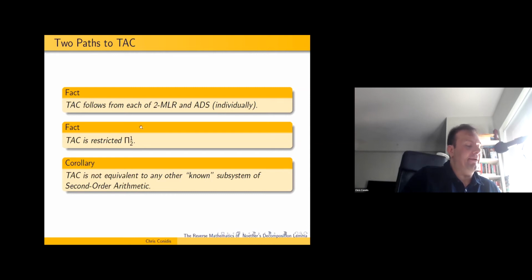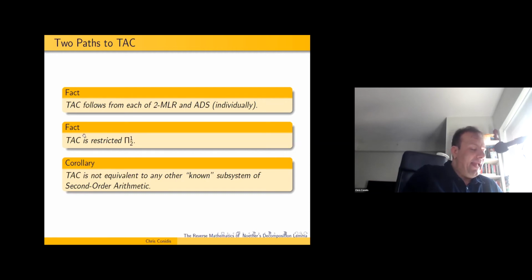There's more to say here, but I do want to mention a little bit about the reverse math of this tree anti-chain theorem, because it is interesting. First of all, it follows from the existence of two random reals and the ascending descending chain principle individually. So there's a proof from 2MLR and there's a proof from ADS, two different proofs.